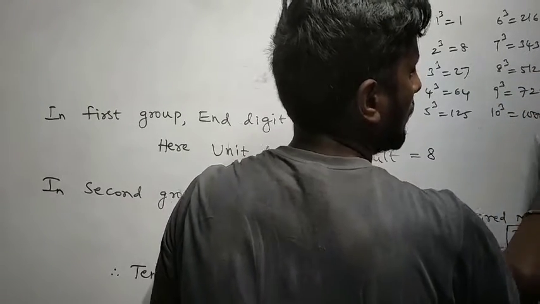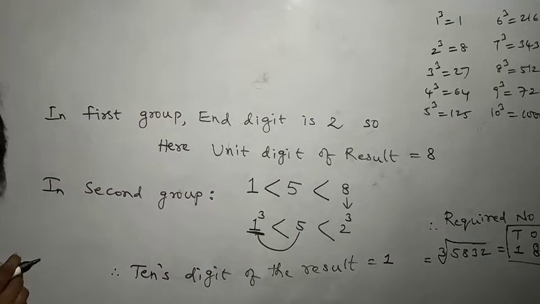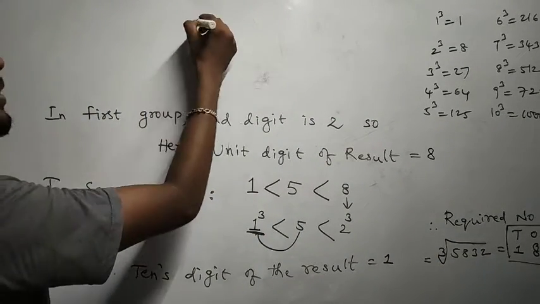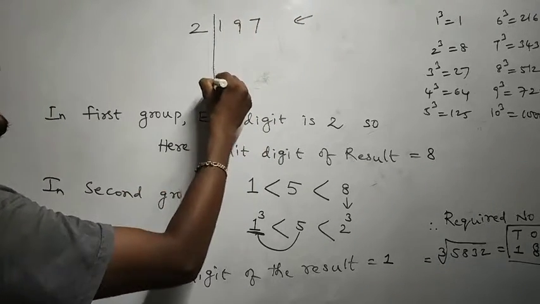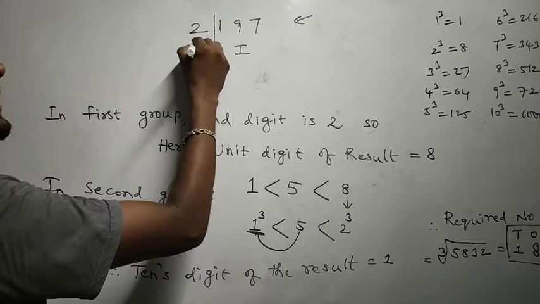Yes, right. Now look at the number, that is 2197. From the right side take 3 digits, am I right? Now this is the first group, and this is the second group.